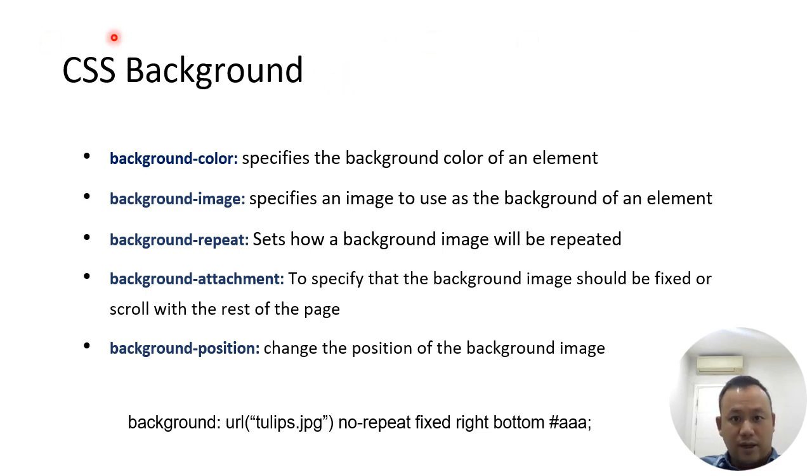We have background color, which specifies the background color of an element, and background image, which specifies an image to use as the background of an element. Background repeat sets how a background image will be repeated, and background attachment specifies whether the background image should be fixed or scroll with the rest of the page. And background position changes the position of the background image.